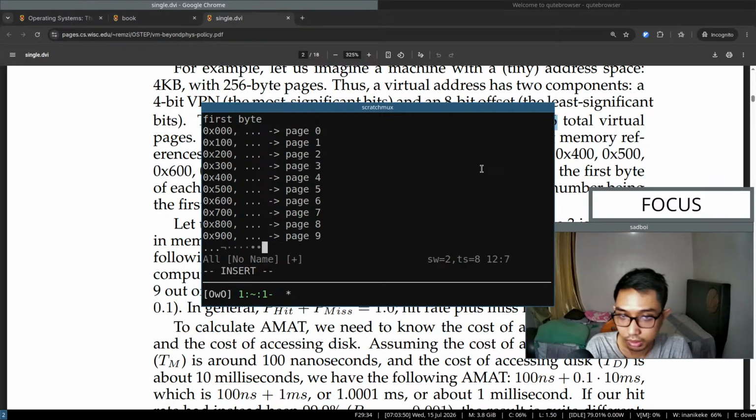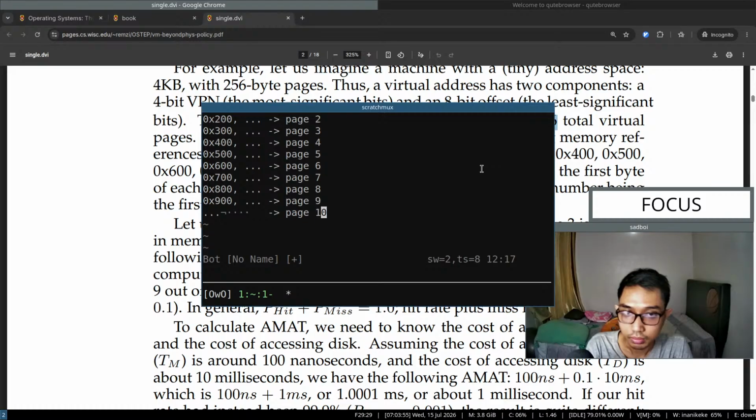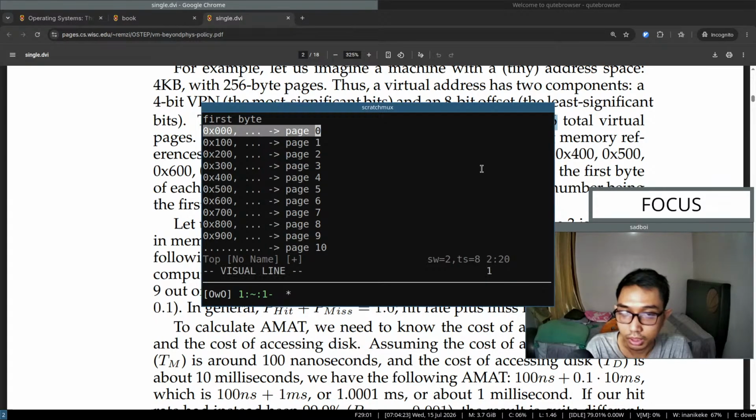Maybe I can do something like this. Pages 10, 11, okay, maybe let's change this to this, I guess. And then page 13, until page 15, because we start from 0 here.